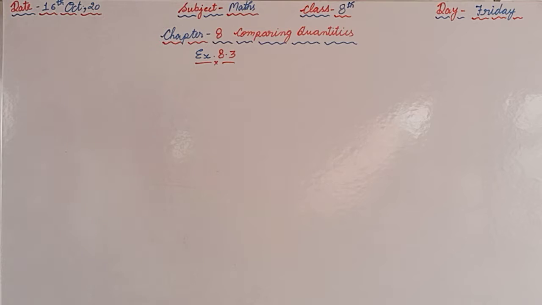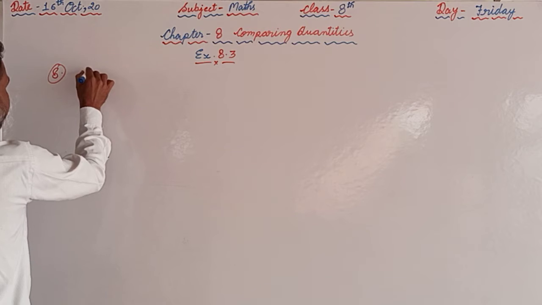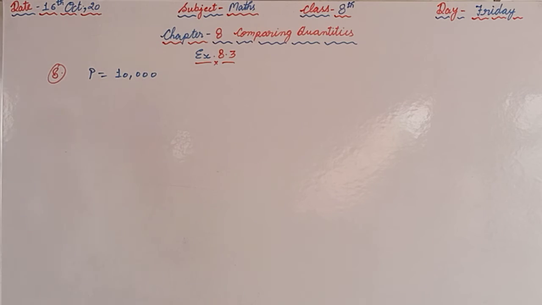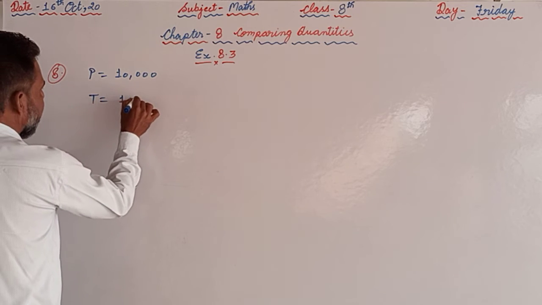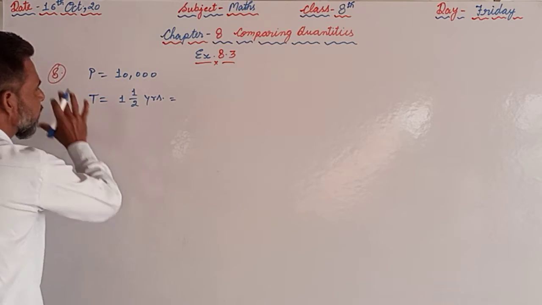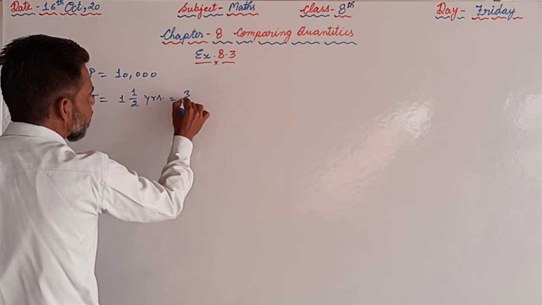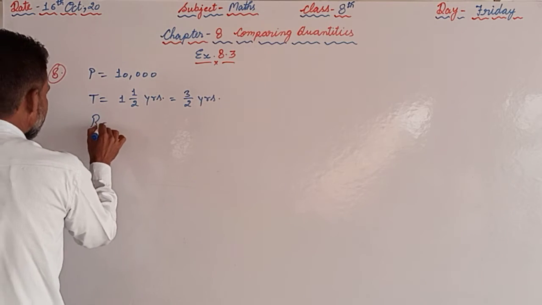So here the principal is 10,000 and the time is 1.5 years, and that can be converted into an improper fraction. 2 1s are 2, 2 plus 1 is 3, means 3 by 2 years.